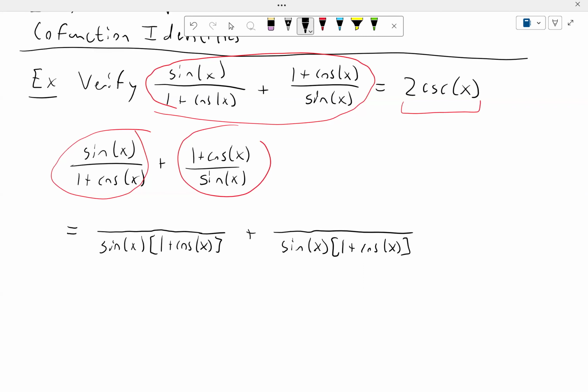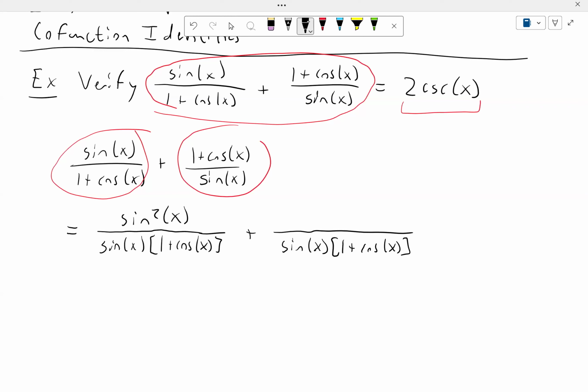In my first fraction, I have a 1 plus cosine of x downstairs already, in the denominator. So then I need to multiply by sine of x in order to get sine of x times 1 plus cosine x in the denominator, which means I also need to multiply my numerator by sine of x. So I get sine squared of x upstairs. Okay, so I multiply the numerator and the denominator by sine of x in order to get that common denominator.